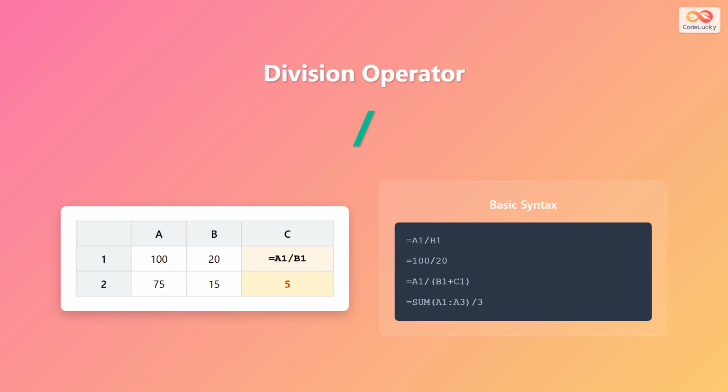Direct division is also possible, =100/20. For dividing by a sum, you can use =A1/(B1+C1). The SUM function can also be used in combination with division, =SUM(A1:A3)/3.